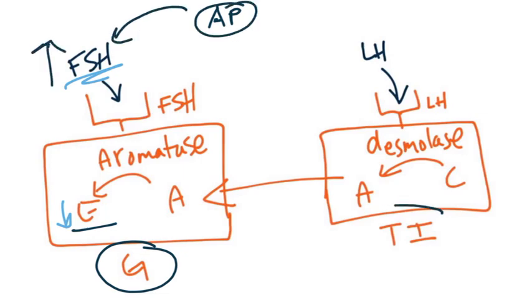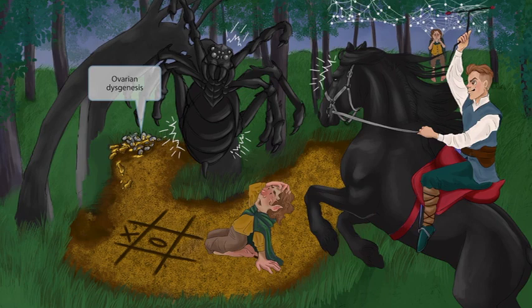The box on the right represents theca interna cells, which produce the androgens with which the granulosa cells produce estrogen. Again, if estrogen is low, the anterior pituitary will increase LH in order to aid the production of estrogen, so LH will be high. So if ovaries are dysfunctional, deduce that estrogen is low and LH and FSH are high.